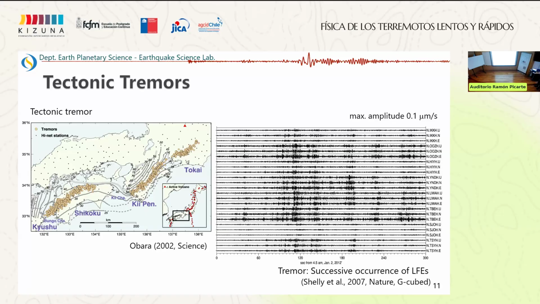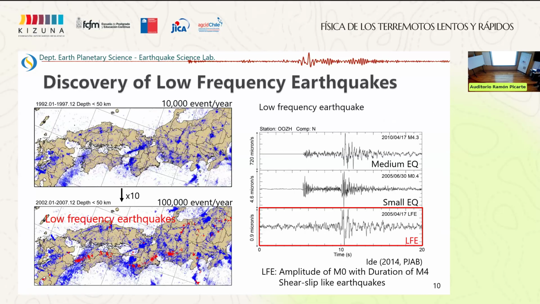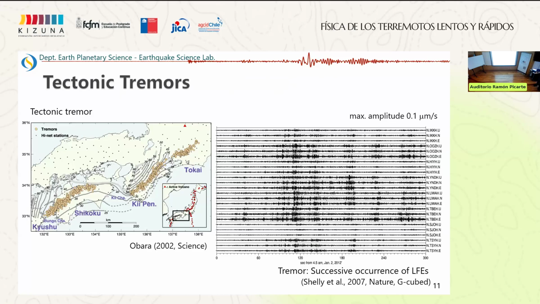But if it is observed at many stations simultaneously, that means it comes from some deeper place and cannot be on the surface. So we can determine the location around here. It's essentially the same as the location of the low frequency earthquakes, and now we understand this is actually the continuous occurrence of low frequency earthquakes.